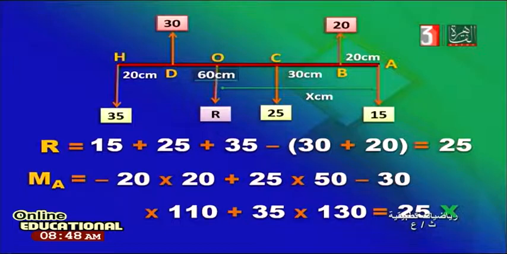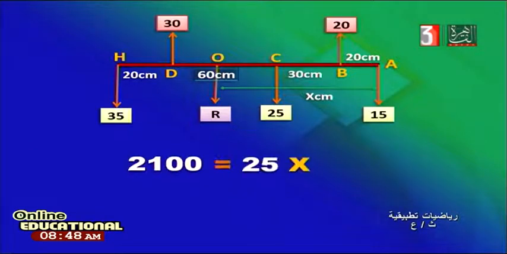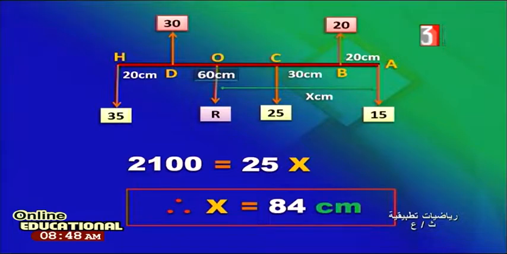What do you mean? We know that the moment of the forces about a point equals the moment of the resultant at the same point. To calculate the value of x, x is 2100 over 25, equal 84 centimeter.